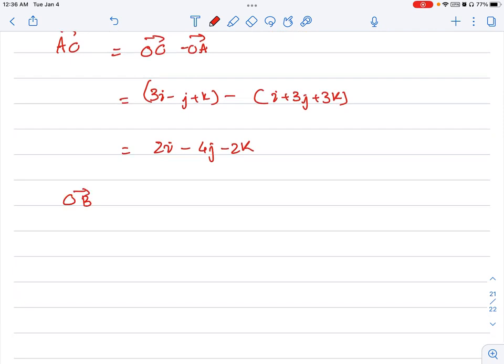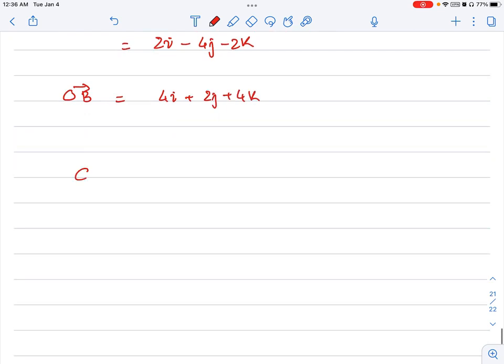And OB, just now we got it as 4i plus 2j plus 4k. Now I want to find the acute angle between them. Cos theta is equal to the modulus of AC dot OB, because I want an acute angle. If I find the dot product and get a negative answer, make it positive by modulus, divided by modulus of AC times modulus of OB.